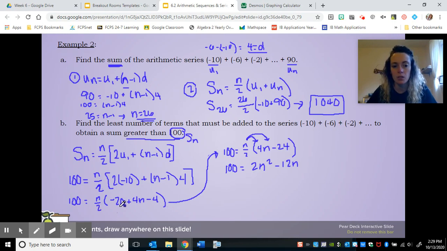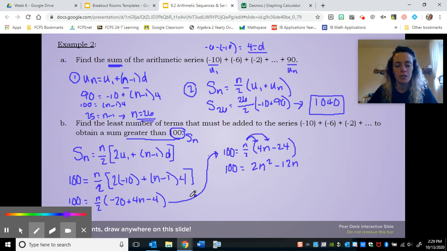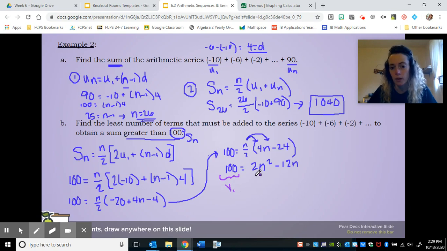What might be easier, especially if you don't want to do all of this simplifying work and just want to work from this second step, is to use your calculator, either Desmos or the TI, and set the left side in as one y value, or y1 in the TI, and set the right-hand side in as y2, and then look for their intersection point, remembering that we're looking for a positive value. So no matter which way you choose to solve, you're looking for the positive n value.